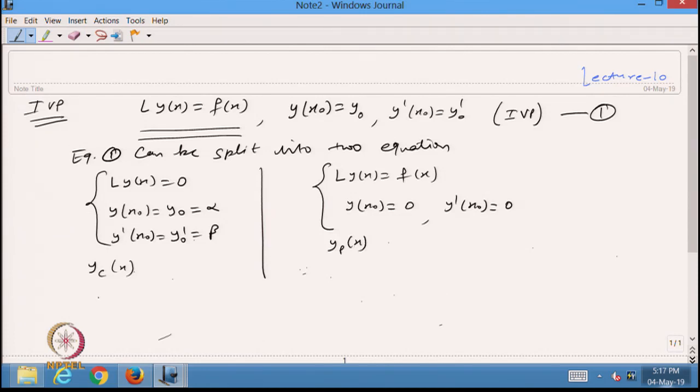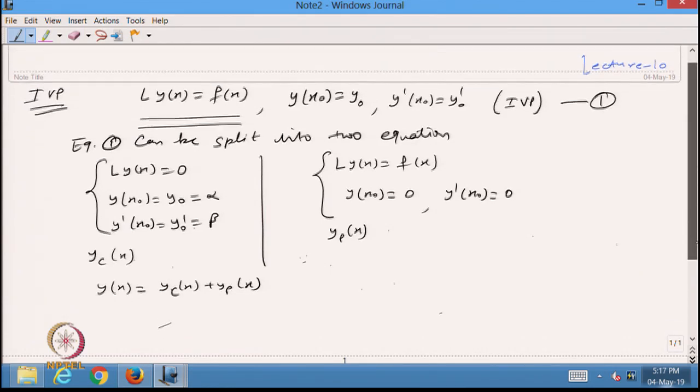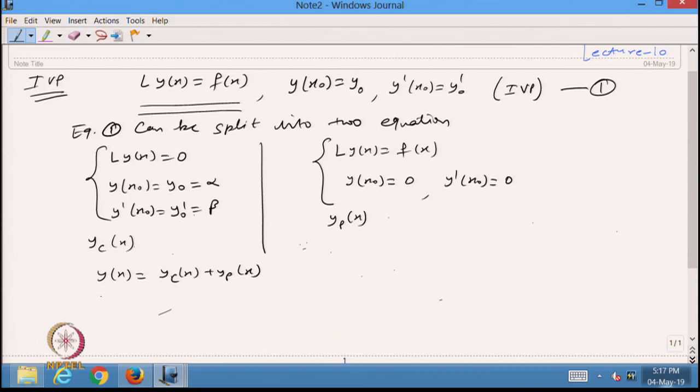In that case I know that my solution y(x) for equation number 1 will be the linear combination of yc(x) plus yp(x). And if you see this, then my y at x naught will be yc at x naught plus yp at x naught, and yc is the solution of the corresponding homogeneous equation. So this will be alpha plus 0, so this will be alpha.